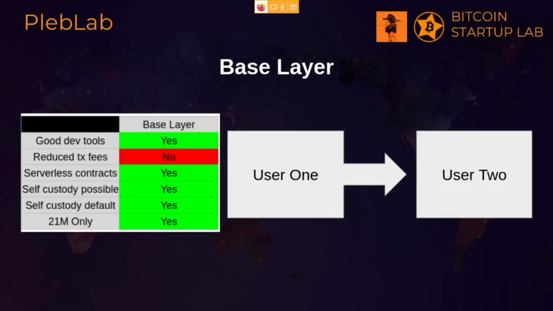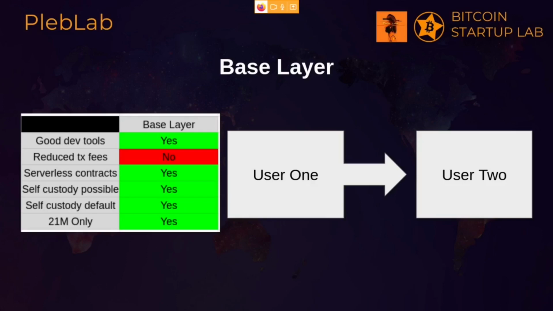But these things require everyone to be online at the same time, which means everyone's got to basically run a server in order to do that. So with Bitcoin's base layer, we do support some versions of serverless contracts where you basically just put out a Bitcoin transaction, and if someone co-signs it, then it goes through, and you don't have to be online when that happens. So that's really nice.